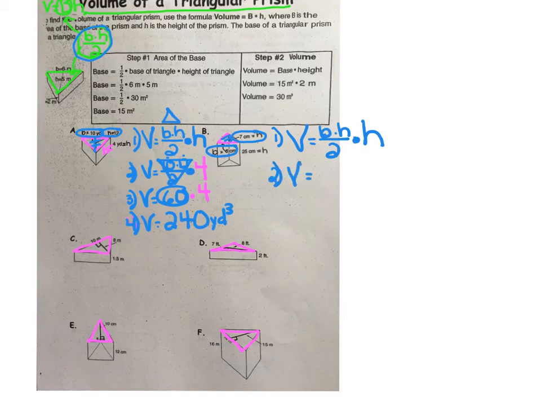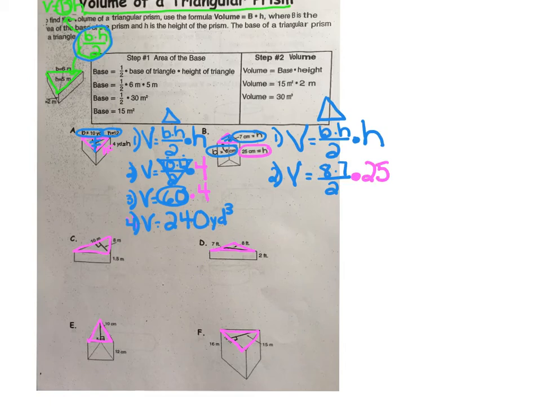So that gets substituted in here. 8 times 7 divided by 2. Our overall prism height is 25 centimeters. So we substitute that in for the second H.